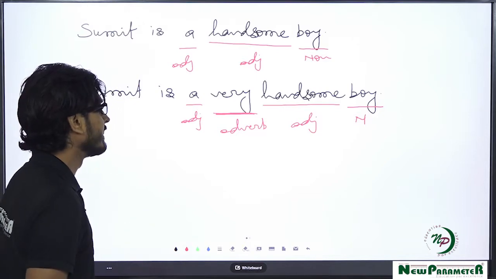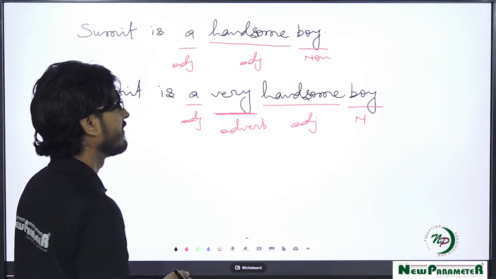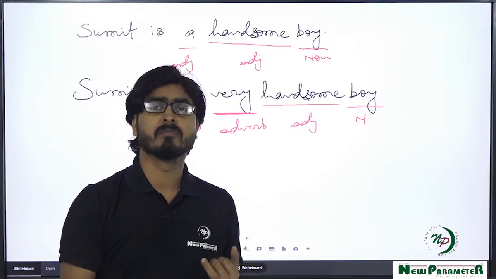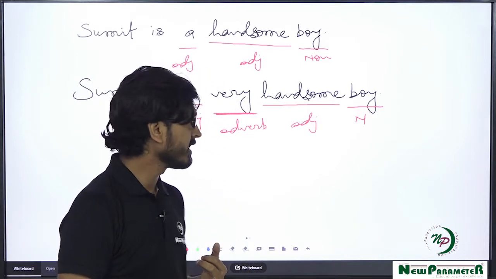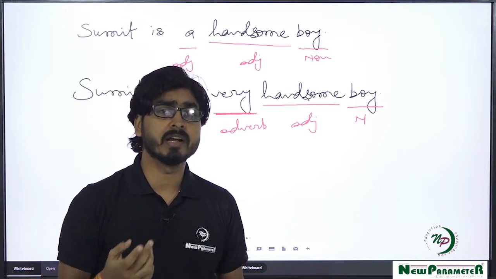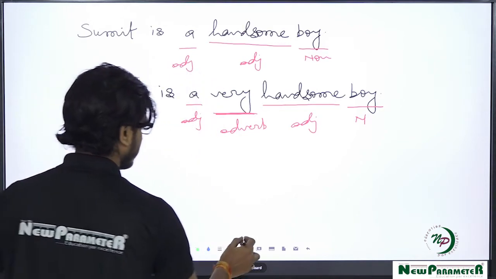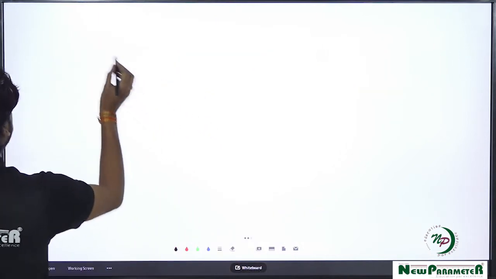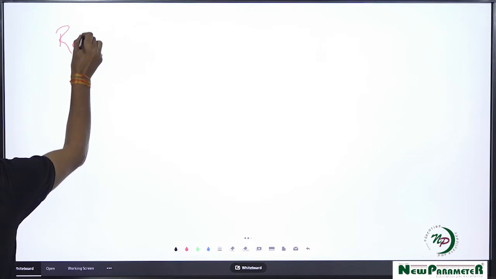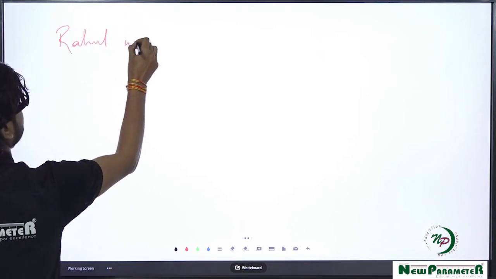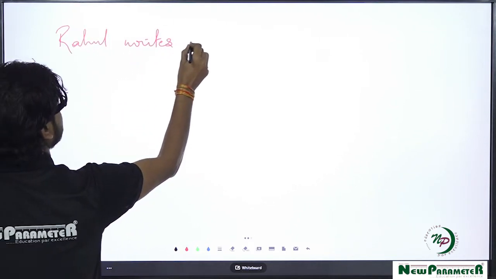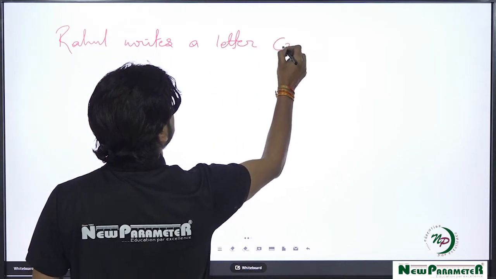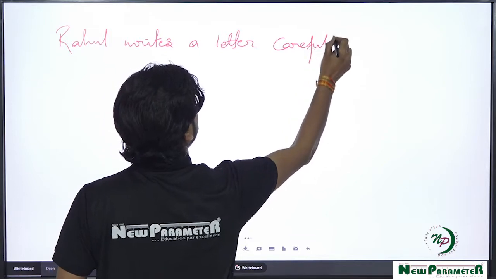So we'll see the next point. We have just seen that an adverb has modified a verb and an adjective. Now we'll see how it modifies another adverb. Let's see. Rahul writes a letter carefully.